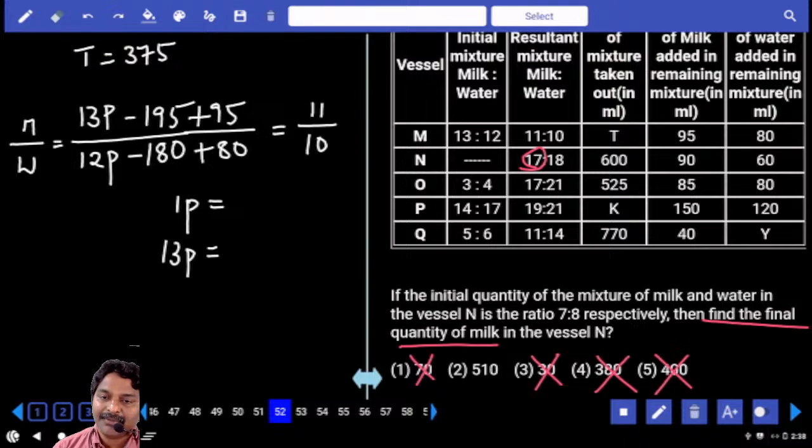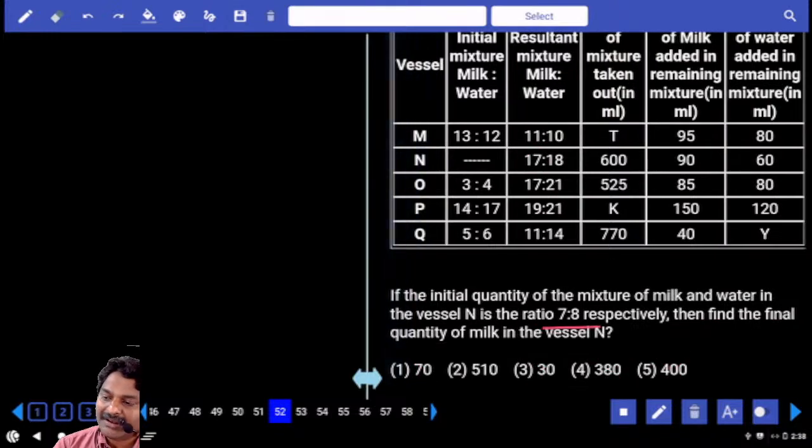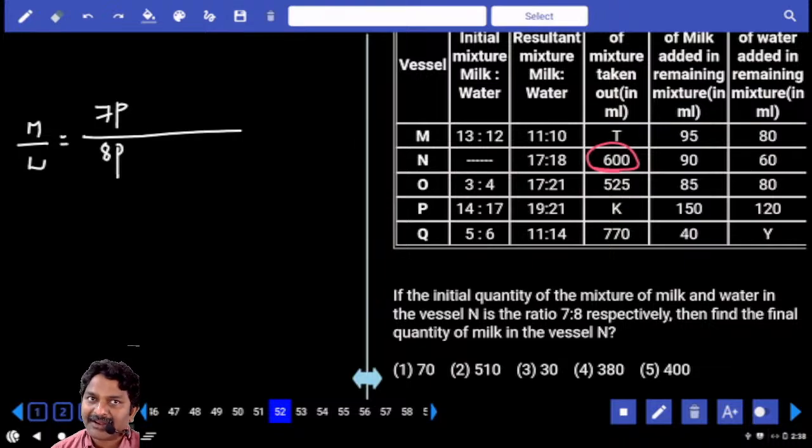Got it? Now if you want to write the approach, initial milk and water are in the ratio 7:8, 7 parts and 8 parts. From that, 600 ml is taken out, which should also be in the ratio 7:8, 15 parts. Each must be 40.